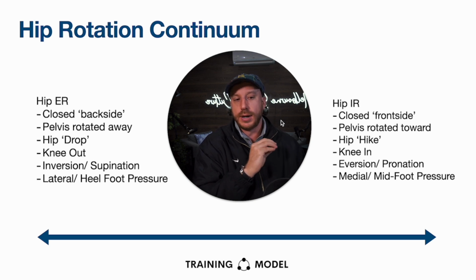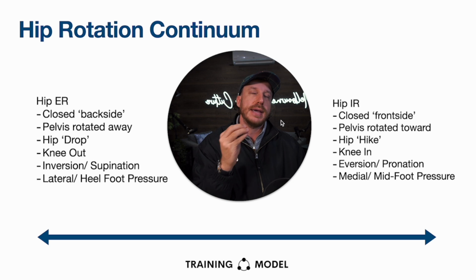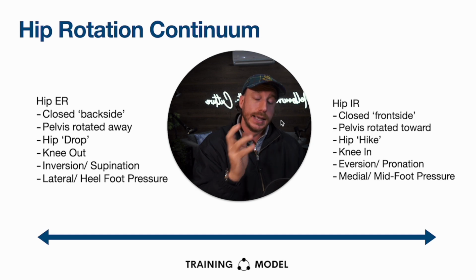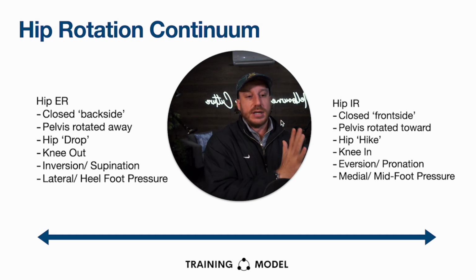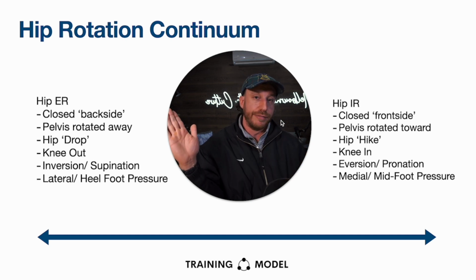And in my model, when I think of these continuums, if we can understand and unpack tension, sensation, awareness, and context at either end of the continuum, generally that will mean that we have improved how the entire continuum functions.